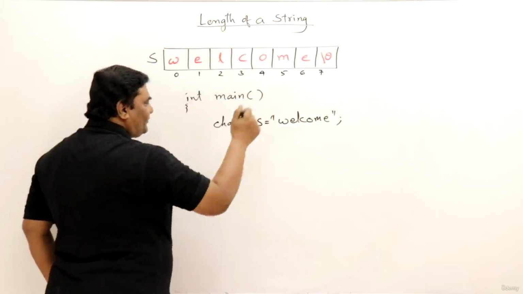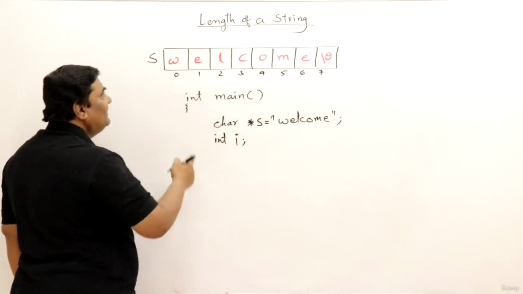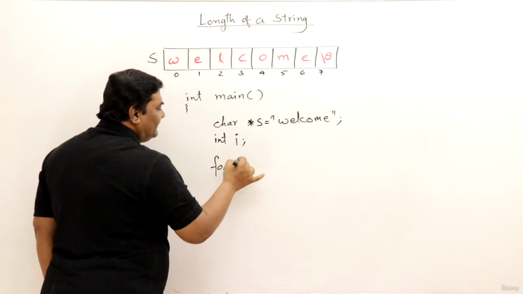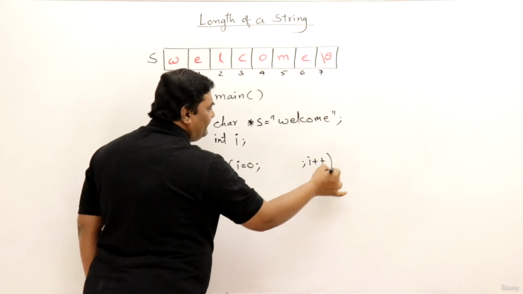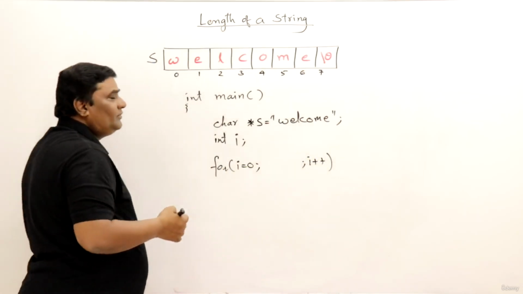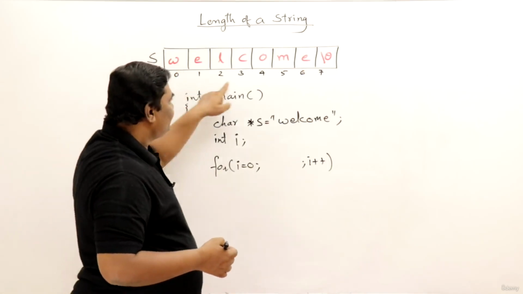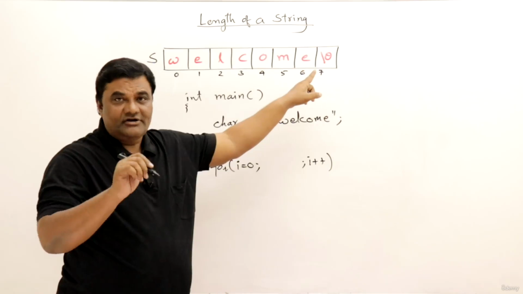Now I have to scan through this. For that I need a variable, that is i. Then using a for loop I can scan through this. So for i assigned 0, and every time i plus plus. But how long should I continue? When should I stop? When S[i] is \0, that is the null character, I should stop.